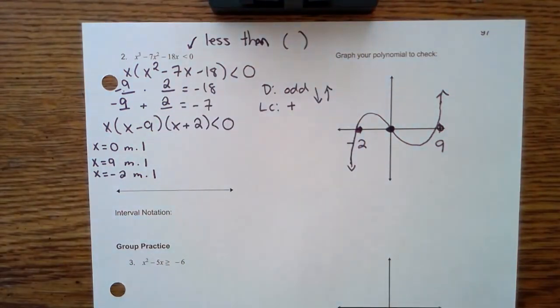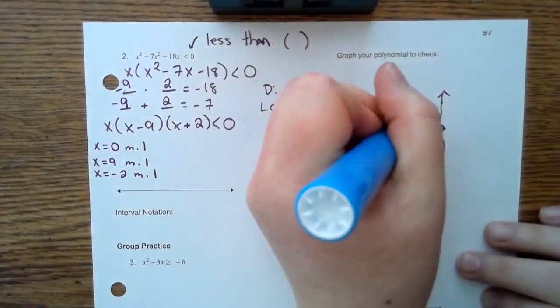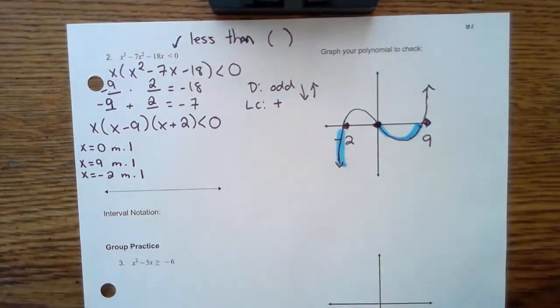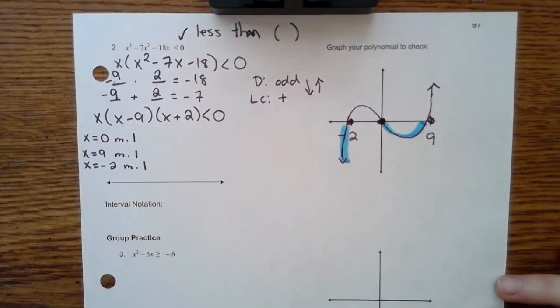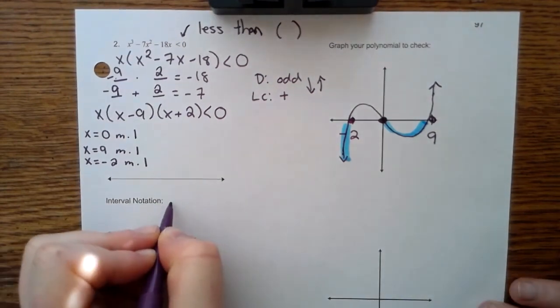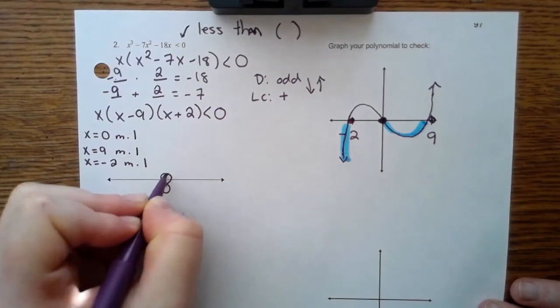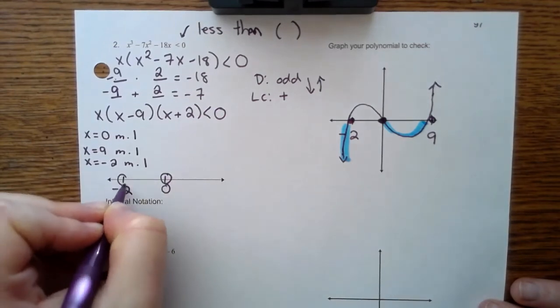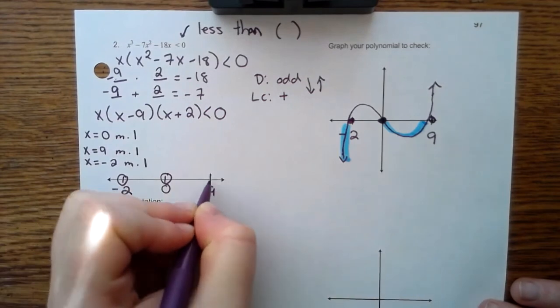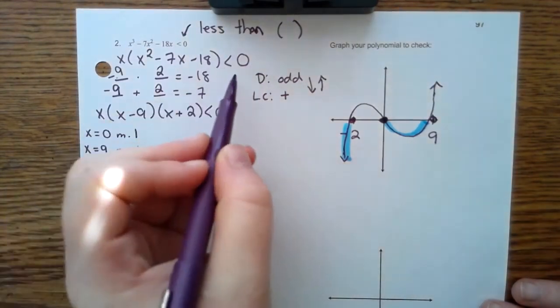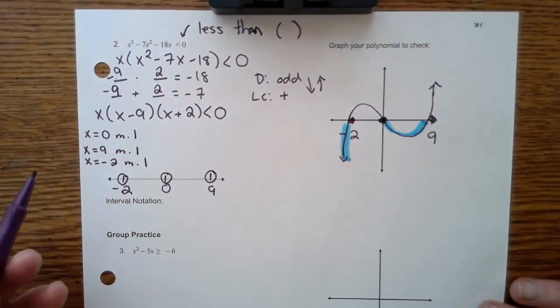Okay, it says, when is it less than? Well, this is below 0, and this is below 0. So in interval notation, here's how you use this. 0 with an open circle, -2 with an open circle, 9 with an open circle because of the less than, there's no equal to.